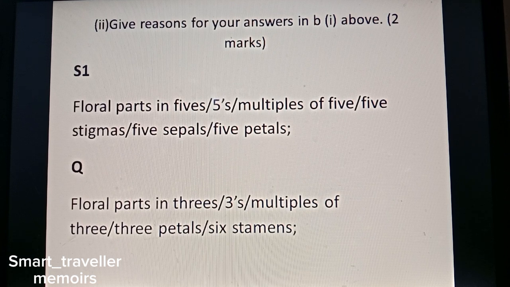Or it has 5 petals. Any of those was given a mark. Q was floral parts in 3s. So you can write the word or use the numeral and write 3s. Or you say floral parts in multiples of 3. Or 3 petals, or 6 stamens.